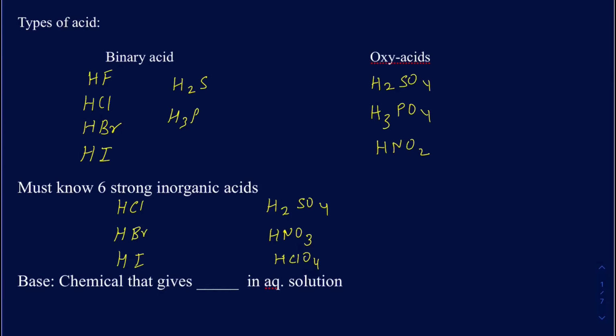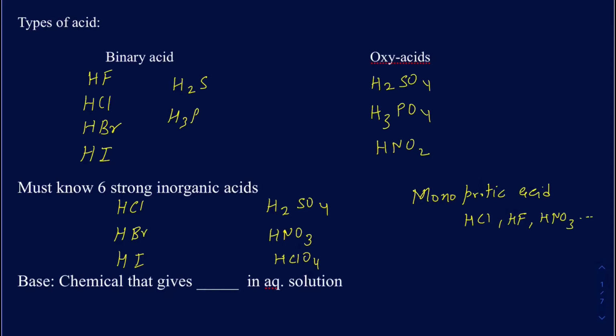In addition, I want to mention a couple more things. If only one hydrogen ion is produced by a given acid, it's called a monoprotic acid. Make sure you know the difference between a monoprotic, a diprotic, and a triprotic acid. Examples of monoprotic acids would be HCl, HF, HNO3, and so on.